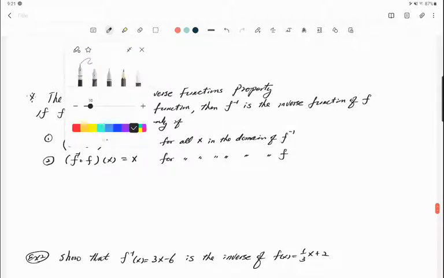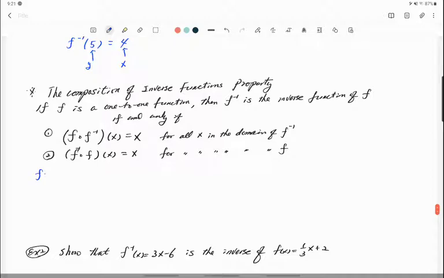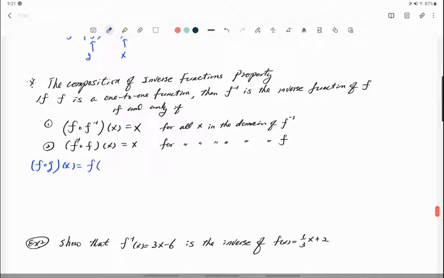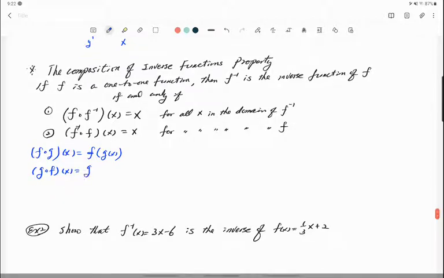Do you remember the composition function? What is this one? f circle g of x. What do you mean by this? This means the input of the function f is g of x. Or g circle f means there's a function g, and then the input is now f of x.